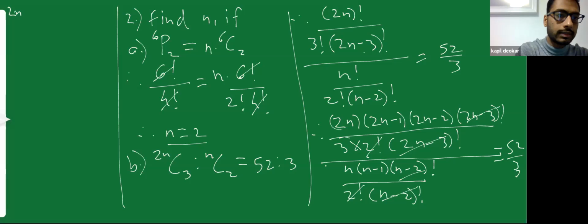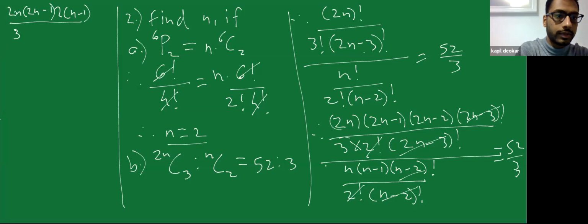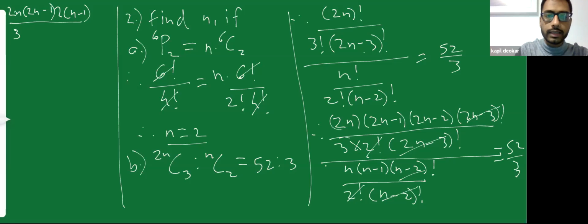This would be 2n minus term as it is. So 2n minus 1, 2n minus 2. I can take 2 common. If I take 2 common, it will be n minus 1 over here, which is divided by how much? 3. And in my denominator, I have n upon n minus 1. So that can be written over here itself, n into n minus 1, which is equal to how much?